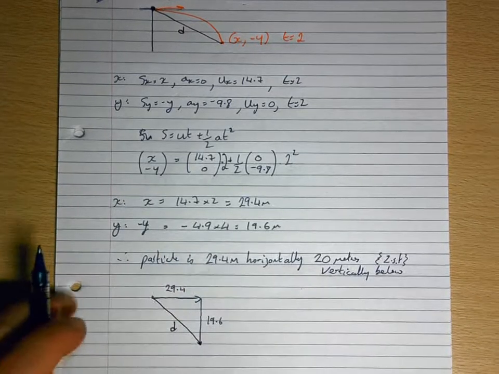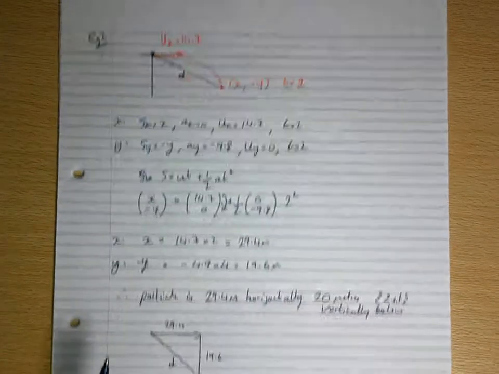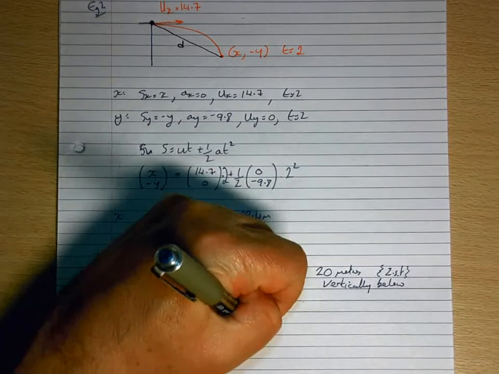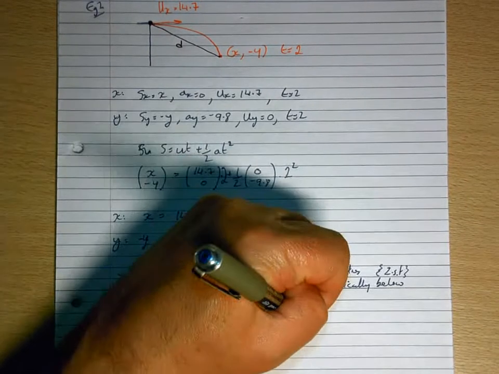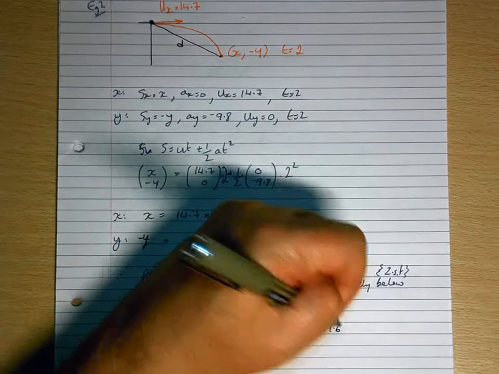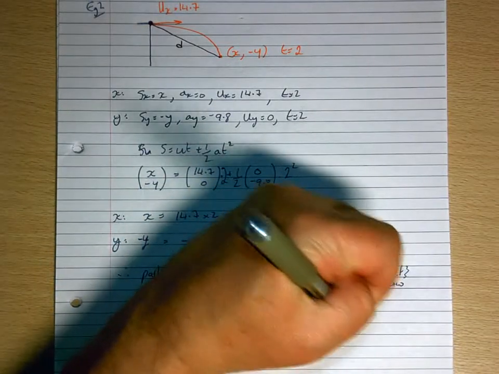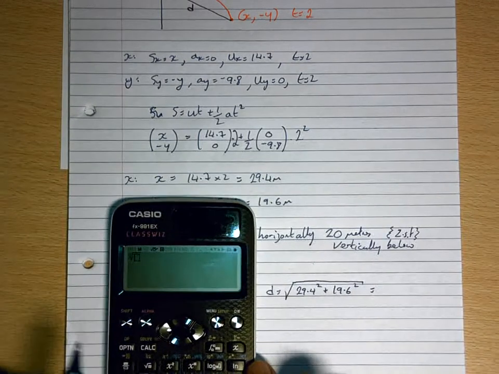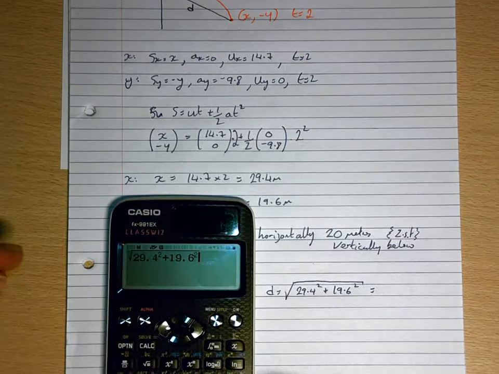So to answer the question, it's that direct, as the bird flies, distance, which we get using Pythag with 29.4 squared plus, and remember, don't use the rounded version here, so plus 19.6 squared, and when you plop that into your calculator, you get 35.3344.